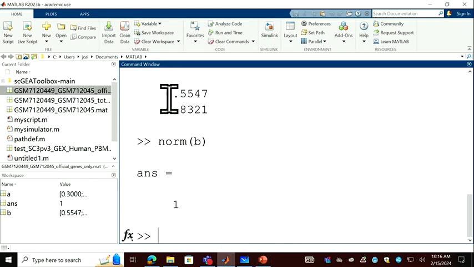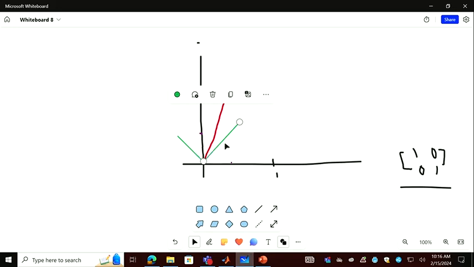Okay, so the new position of this is 0.5547, 0.83, so it should be somewhere here, okay? So maybe I change this to a line, somewhere here.